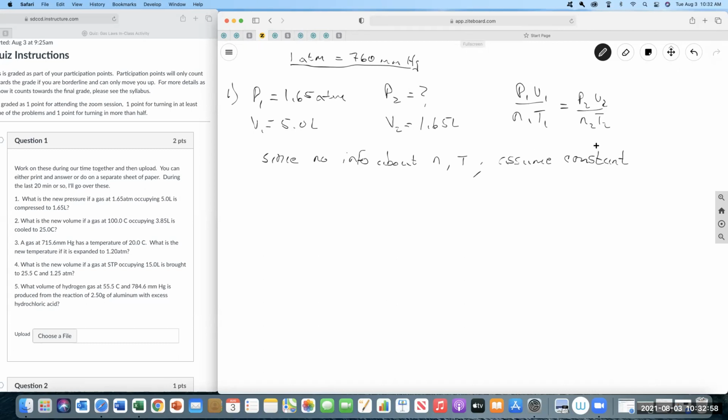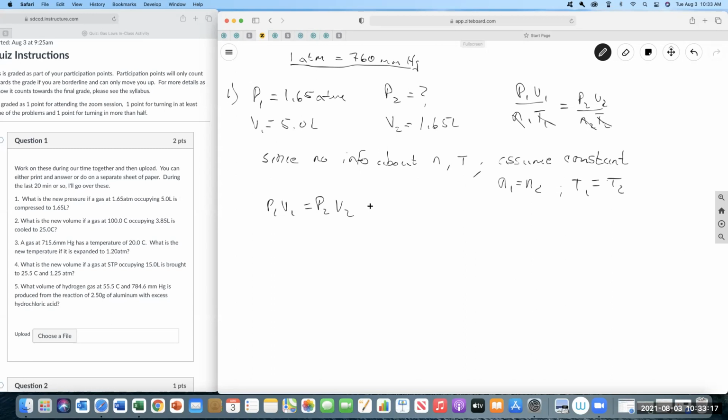That means I can cancel them out. That means N1 equals N2 and T1 equals T2. And so then we have P1 V1 is P2 V2.